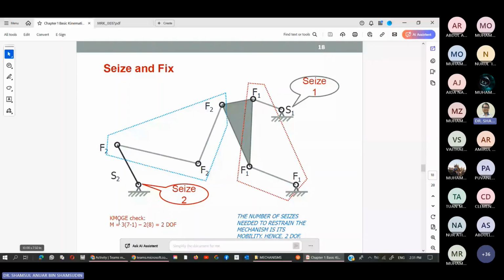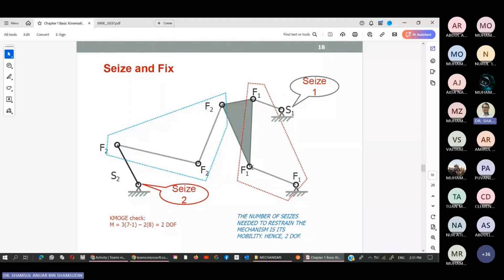So possibly you have to calculate how many links there are. Definitely the ground is number one. So this is number 2, 3, 4, 5, 6, and 7. And there are revolute joints here.